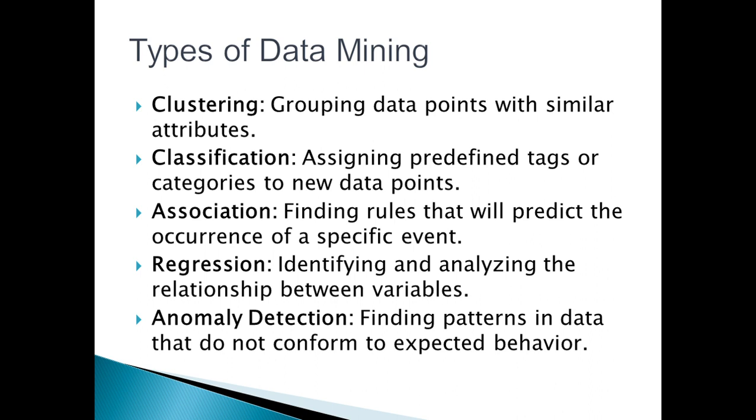The next comes to classification. Classification assigns predefined categories to new data points. Basically it's like labeling data to enable the model to predict future labels, that is, we predict some new data on the basis of what we have with us.